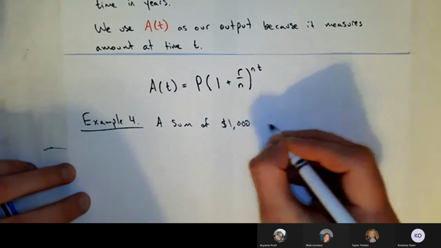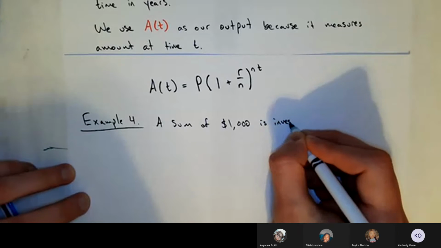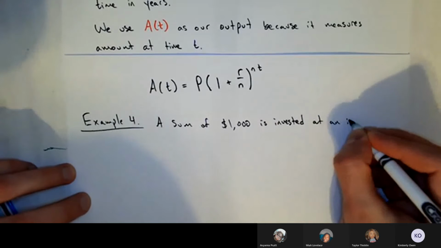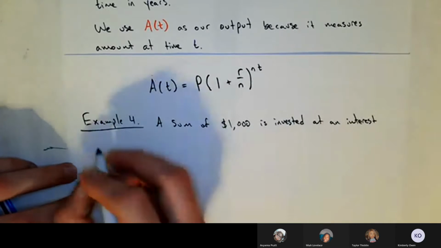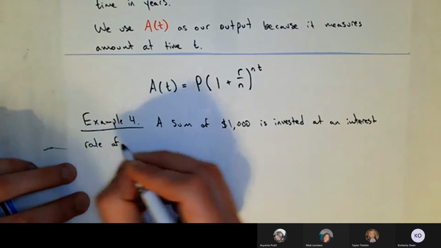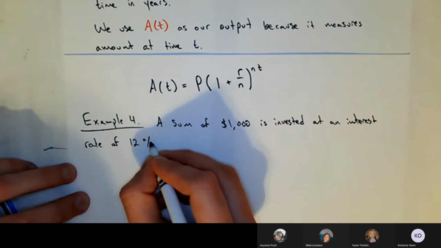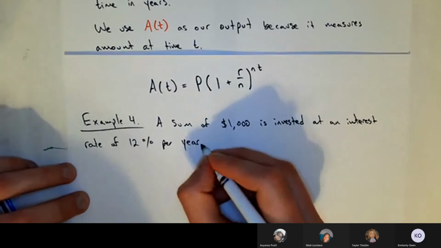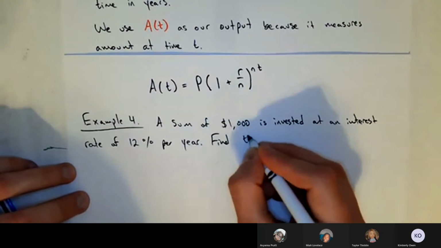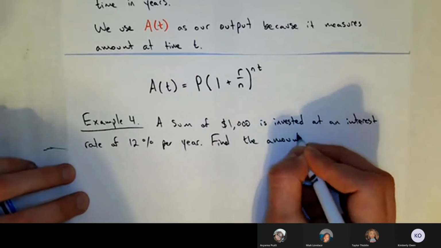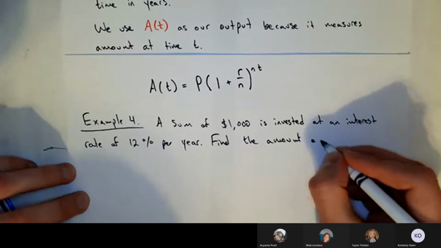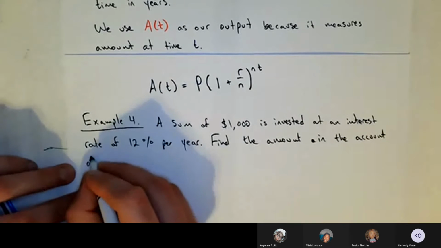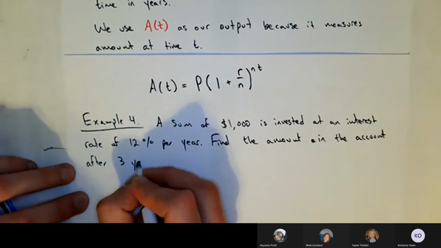Let's say a sum of $1,000 is invested. Find the amount in the account after 3 years.